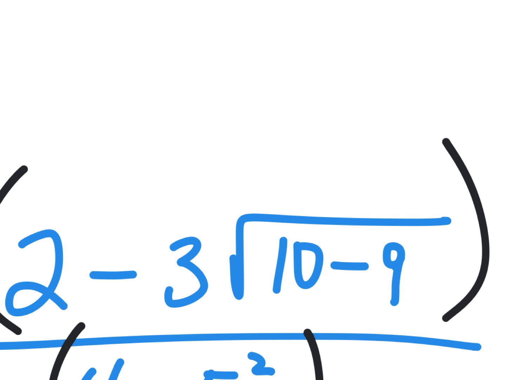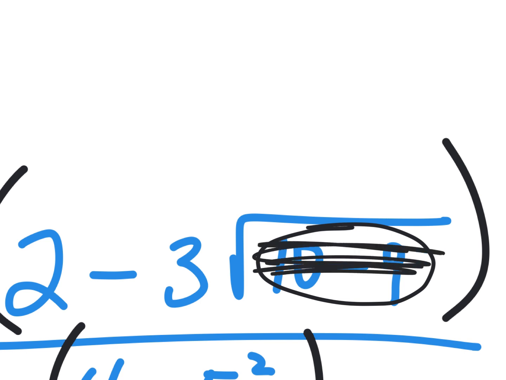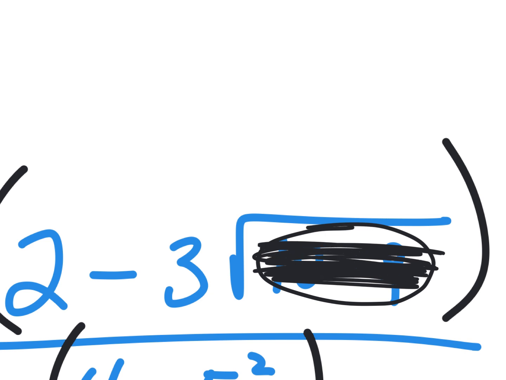Okay, so now I'm looking at this. I can't just go from left to right. I go to parentheses, exponents, etc. What's first? Parentheses, which is really grouping symbols. That has to be first. What is 10 minus 9? 1. Can I just go from left to right now? No. I stop and I go, okay, I did my parenthesis, my grouping symbol, and that's a 1 now. Now it's the square root of 1.